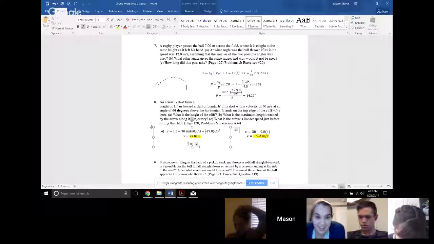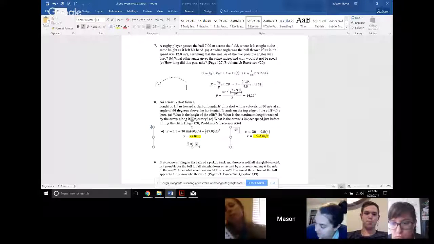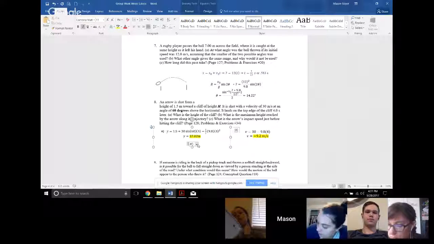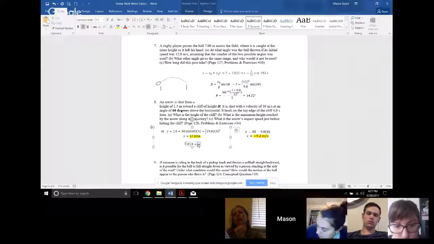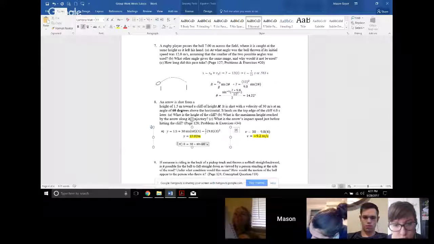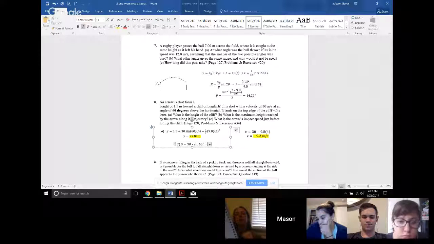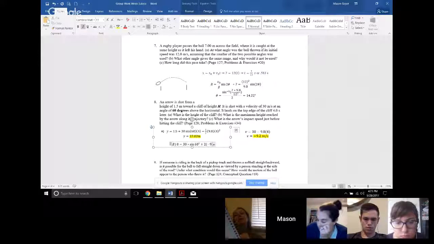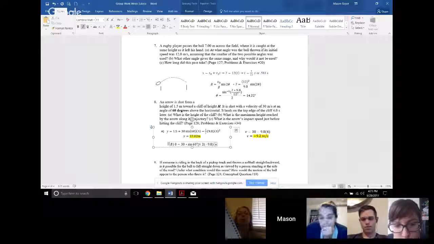Yeah, so the final velocity squared is going to be 0, right, because it lands on the ground. So 0 equals 30 times sine of 60 squared, plus 2 times negative 9.8, because gravity's acceleration is downwards, times y minus 1.5, and that y minus 1.5 is in parentheses.